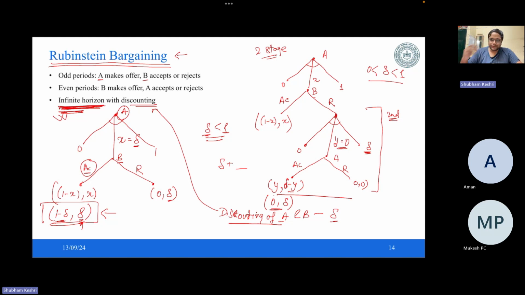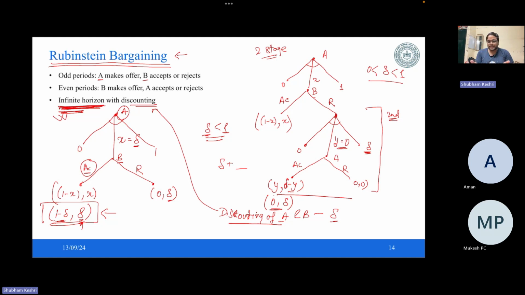So you can think of this in another way also. One way to think about this game is that it is played for an infinite horizon. But the other way is that there is some probability that the game will end in this stage, and with some other probability, the game will move to the next stage. So both players don't know if this is the end of the game or not. The game might go on to the next stage with some probability.